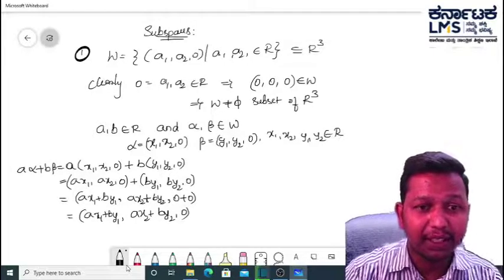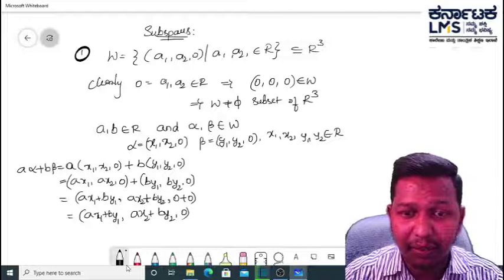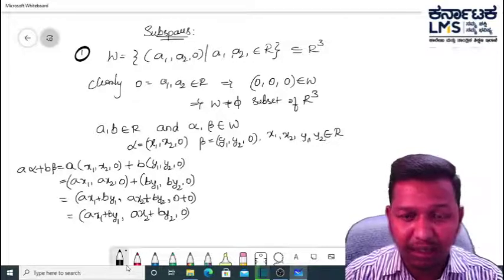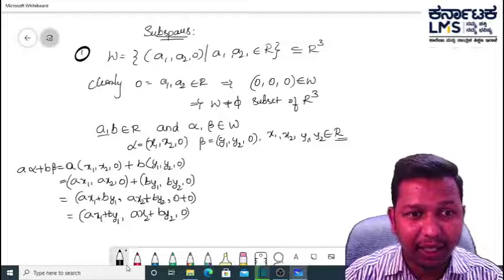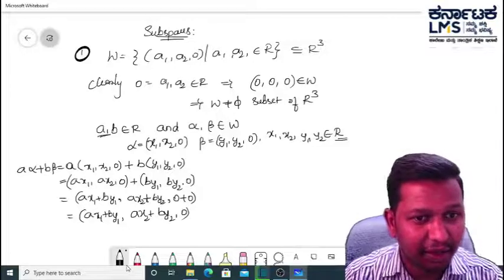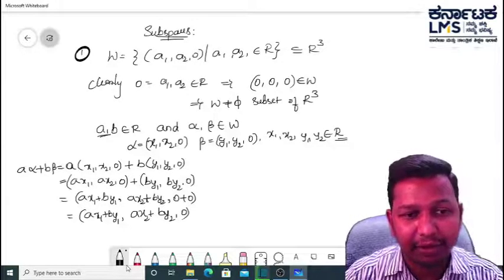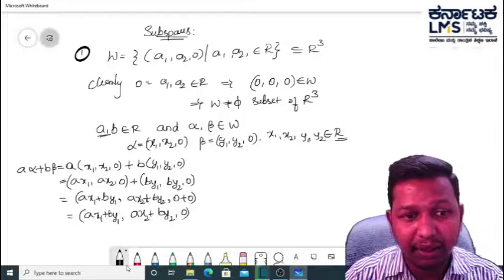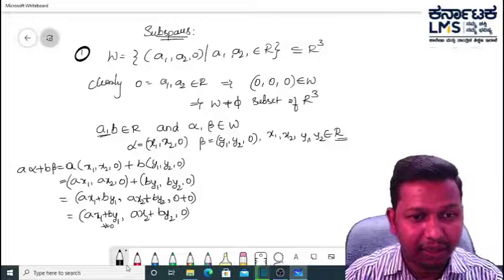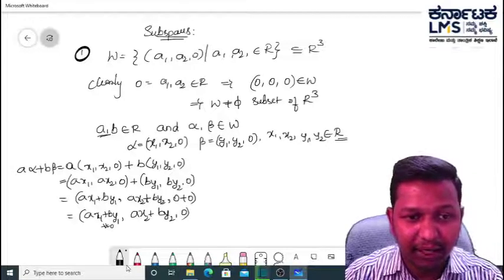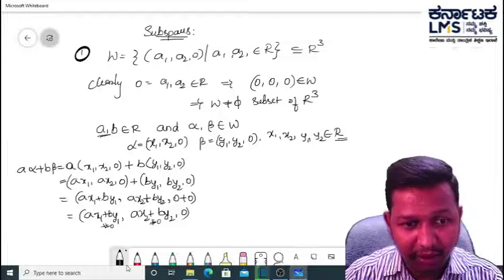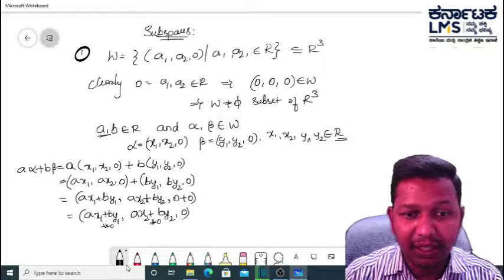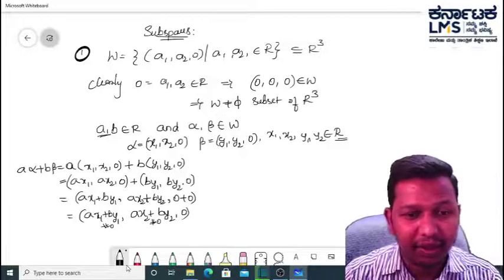So what do we take? x1, x2, y1, y2 are non-zero scalars of R. Similarly, a and b are also non-zero scalars of R. Therefore, a x1 plus b y1 is also not equal to 0. Similarly, a x2 plus b y2 is not equal to 0. Only the third coordinate equals 0.